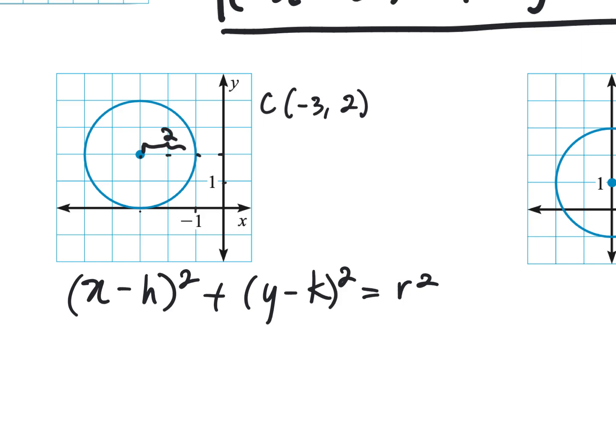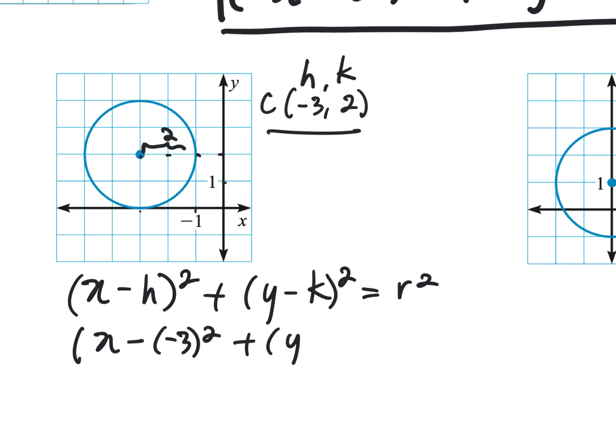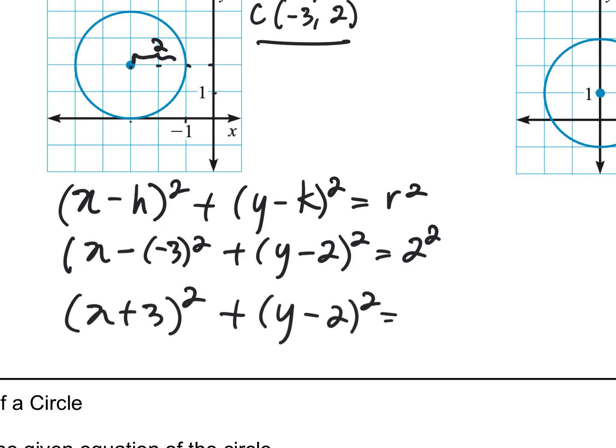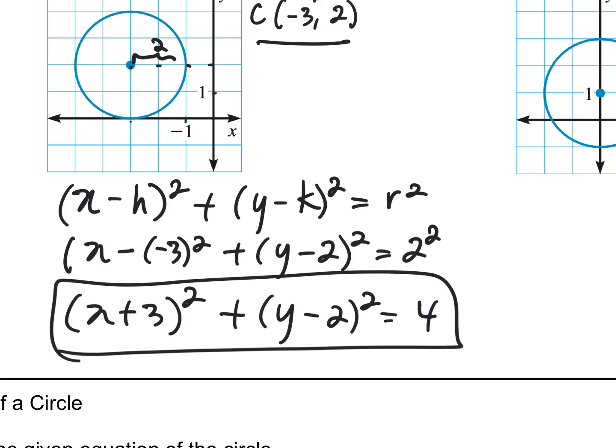Let's substitute all these coordinates of h and k: (x - (-3)) squared plus (y - 2) squared is equal to 2 squared. Simplifying further, it's going to give you (x + 3) squared plus (y - 2) squared is equal to 4. So that is your equation in there.